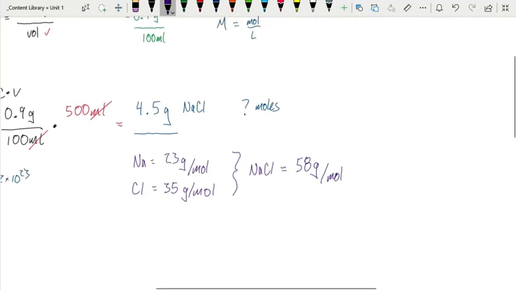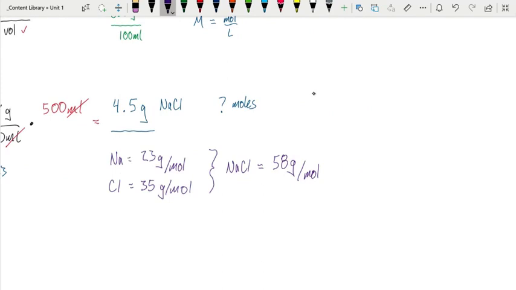Okay, now we go back to this idea of converting between grams and moles. How many moles are in 4.5 grams? Well, now it's easy. 4.5 grams times my conversion factor, which is 58 grams per mole. Do I put the 58 on the bottom? Do I put it on the top? We want to be able to cancel out units. So I'm going to put 58 grams per mole. Now I have grams on the top.